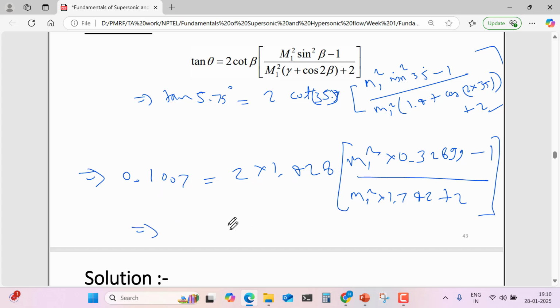Now we can simplify it and solve, and we will get the value of m1.